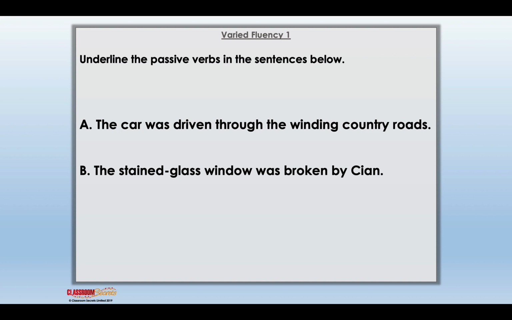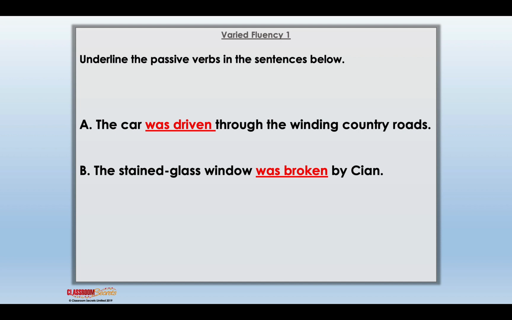I would like you to identify the passive verbs in the sentence below. So notice the passive verbs. There's going to be two parts or two words from each sentence to identify. Pause the video. Did you get them?